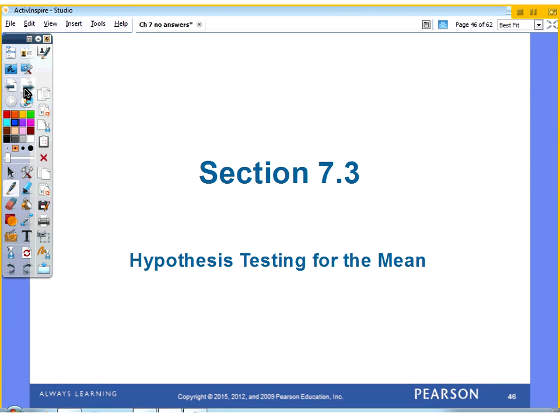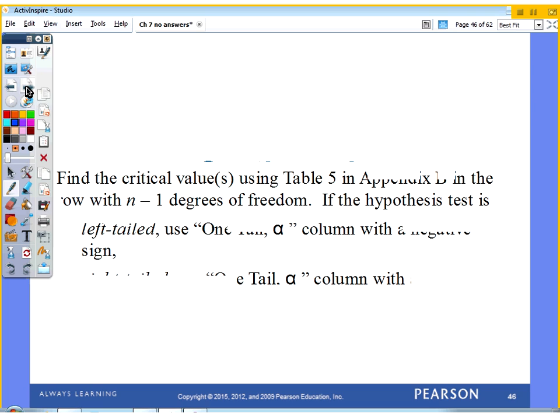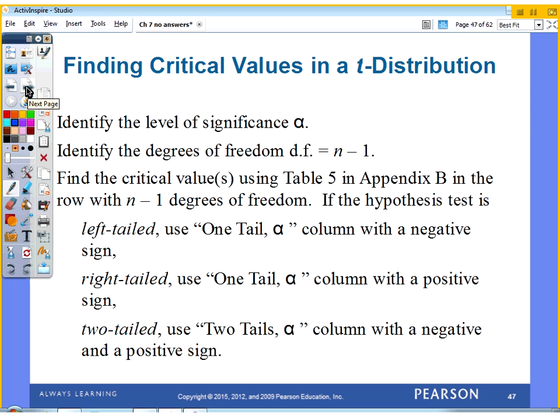So now we need to look at what we do when our sample size is not big and we do not have our population standard deviation. We're going to have to use the t-table. The t-table is written so that you have to look at your level of significance.